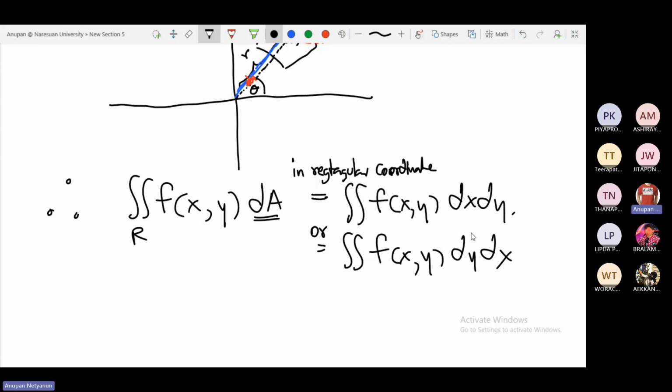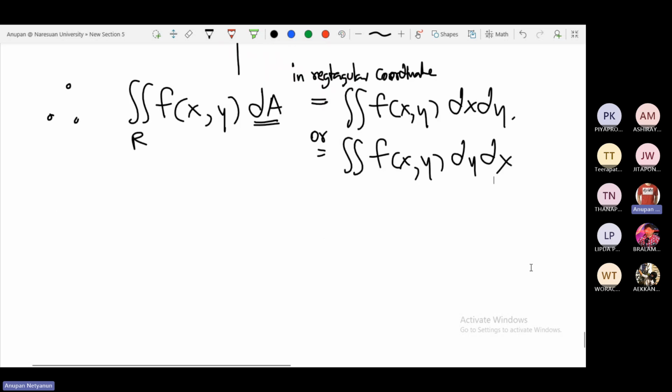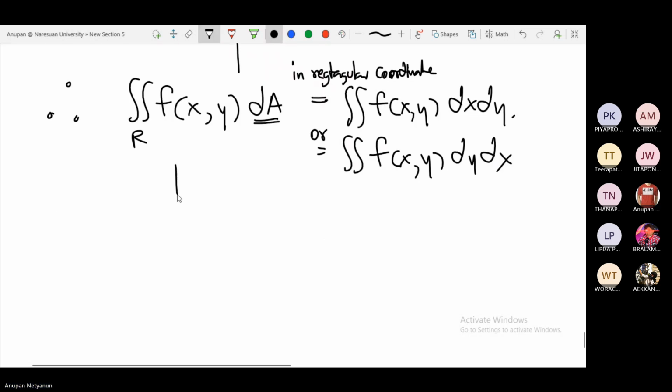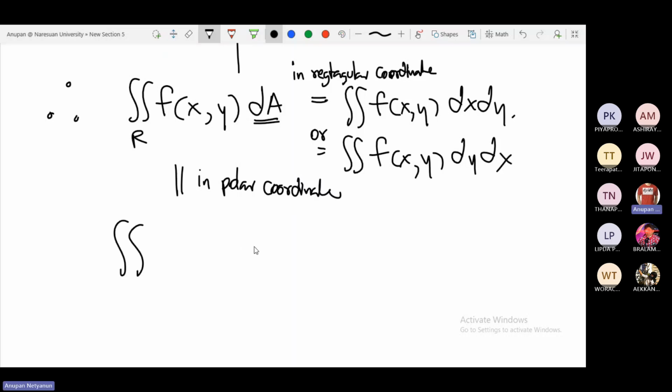It's not like your region is the rectangle, okay? Now, in the polar coordinate system, your dA is going to become r dr d theta, okay?